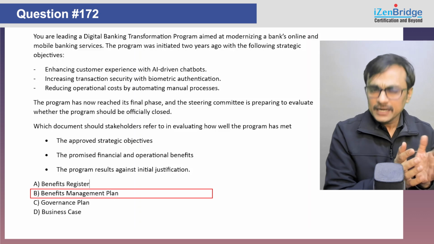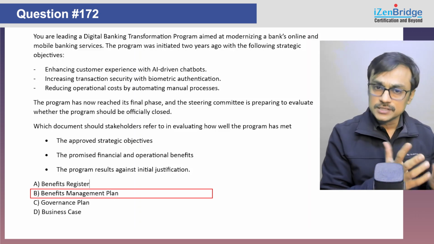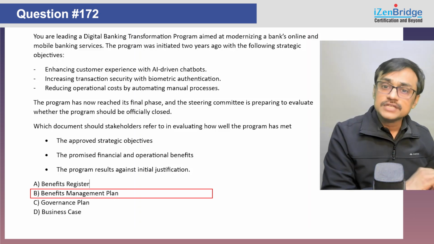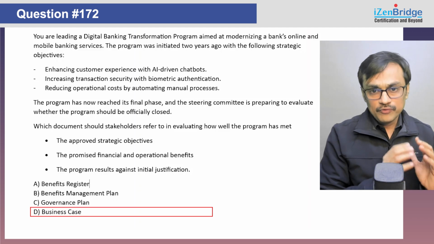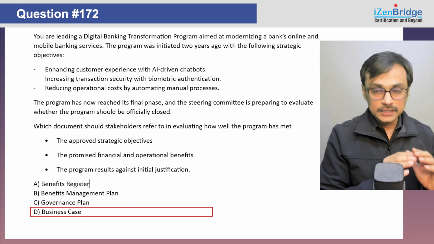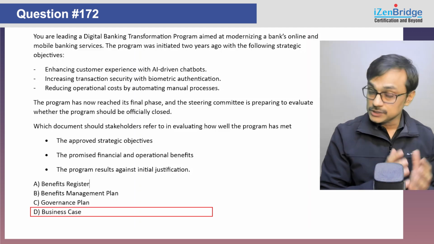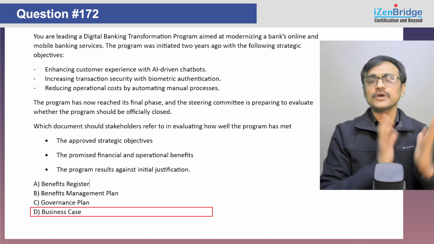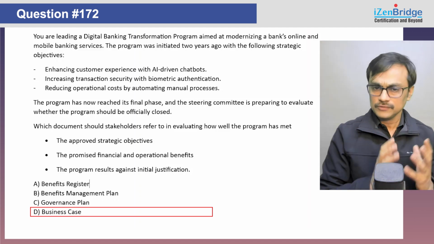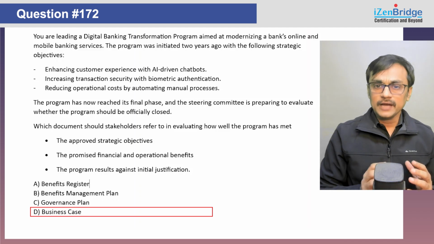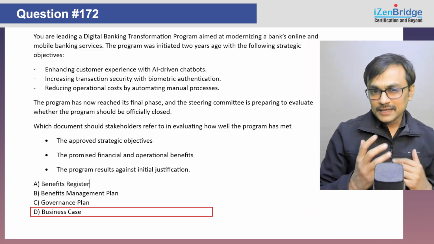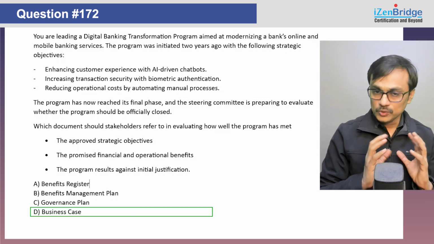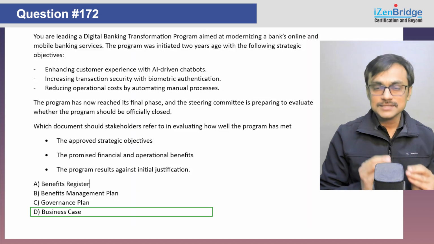It is not meant primarily for making critical decisions and evaluating, have we achieved this and have we not achieved this. When we are focusing on taking the decision about a particular big change or about closing the program, and we want to say that, okay, where we are, what we started, why we started this particular program, and what we have achieved out of it, if that feeling is coming, you can go for business case.